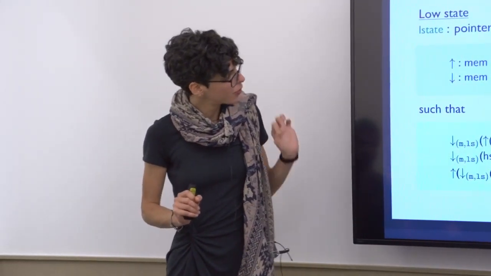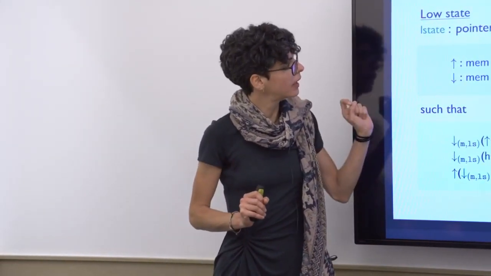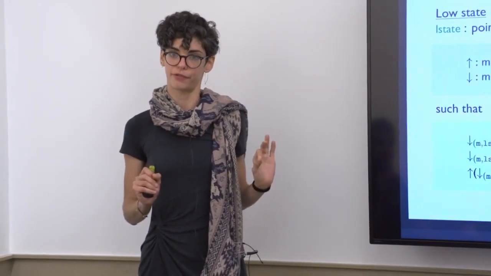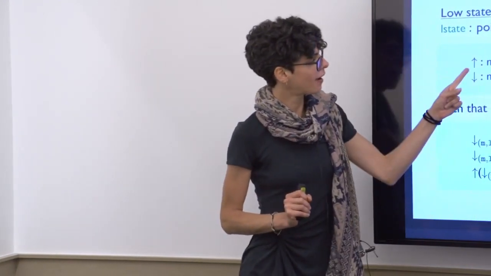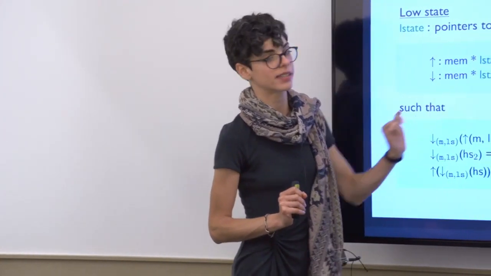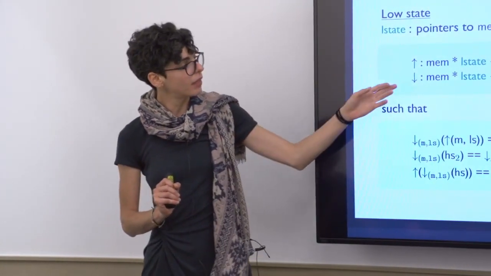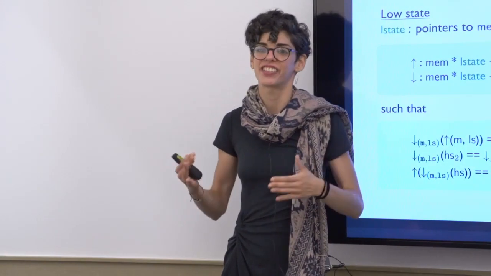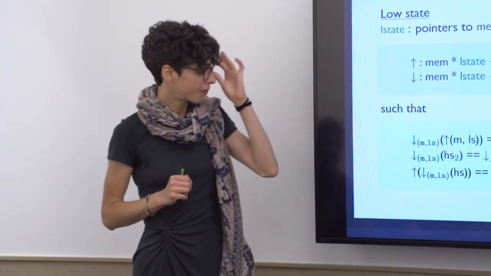It comes with a pair of lenses that allows us to go back and forth between the low-level and the high-level states. We have the up arrow that takes a pair of memory and low state and gives us a high state; intuitively, it takes low-level state and turns it into high-level state.